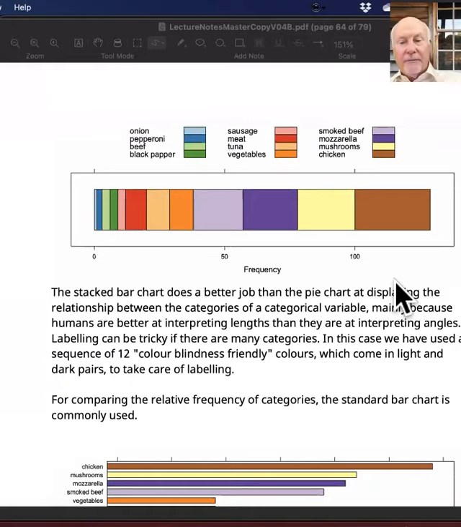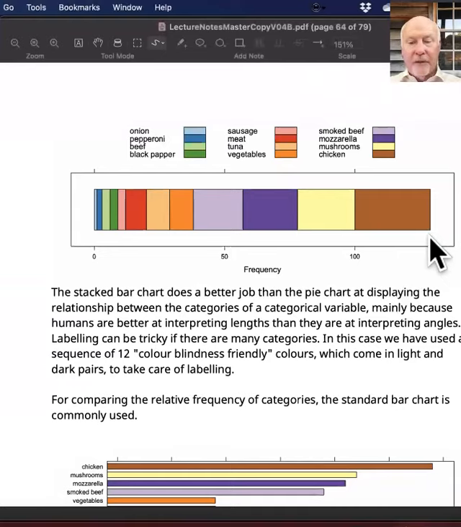So chicken there, the brown one at the end, has the longest section, and poor old onions down here has the shortest. And you can look at that chart and it gives you some idea of the relative proportion of each type of pizza topping. That's what it does.